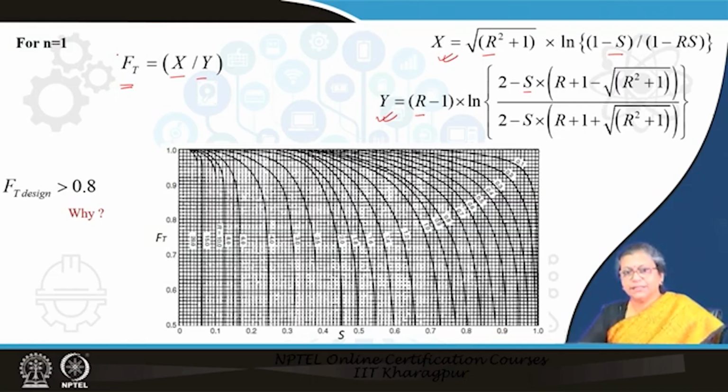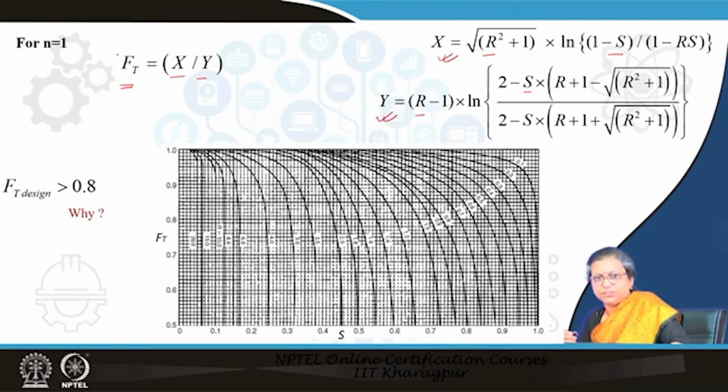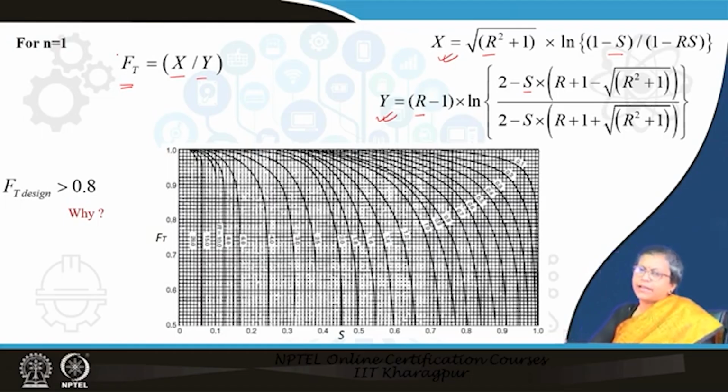Now, there are certain things which I would like to mention regarding this Ft. Quite naturally, you know Ft is less than 1. Can we adopt any particular Ft value for designing our heat exchanger? Remember one thing, we would like to approach the counter current flow as closely as possible, just to ensure that we get an exchanger with the lowest possible area.